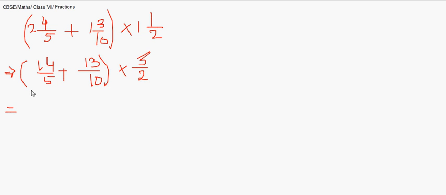You can see they are both unlike fractions. Now I'm doing some rough work out here so as to convert 14 by 5. Now the LCM of 5 and 10 will be 10, right? To convert this into a fraction with denominator 10, you multiply it by 2.